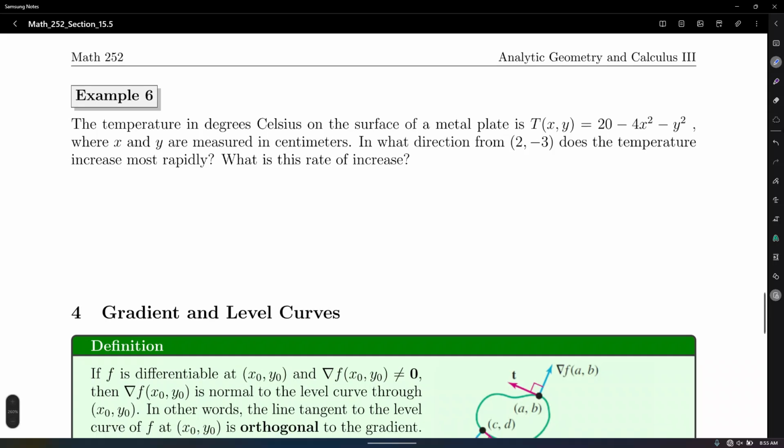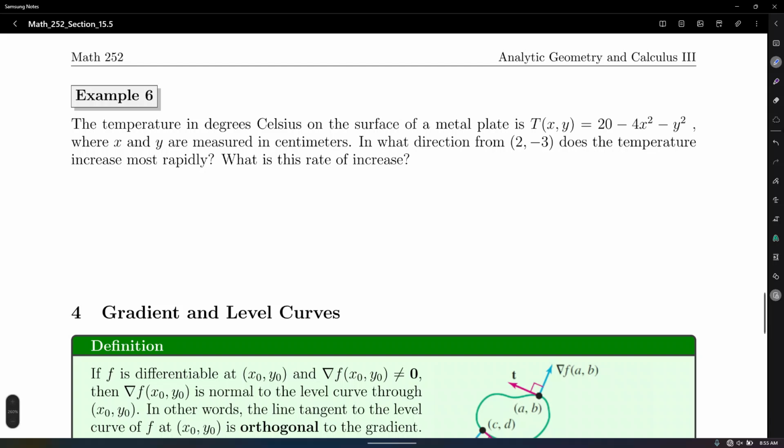However, these functions may represent a density, a temperature density, an amount density, or density in general. Like in this case, this function right here, T of x, y, represents the temperature density of different points on a plate.